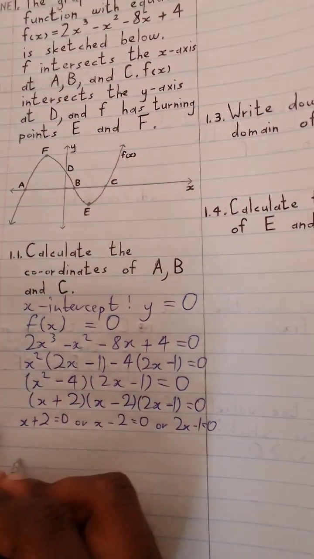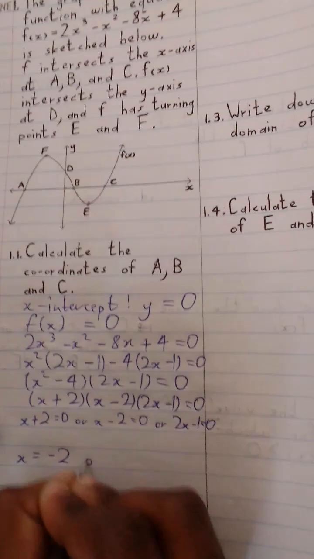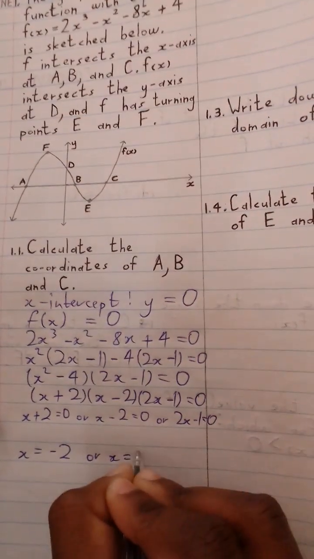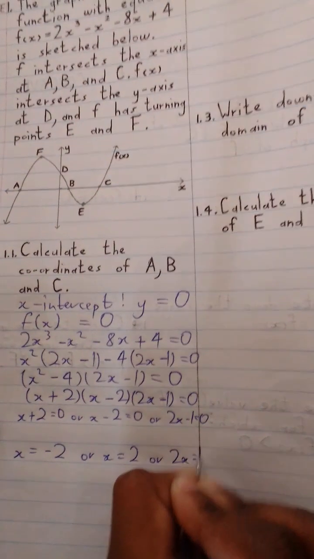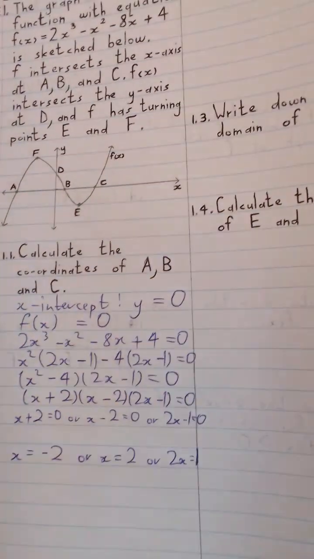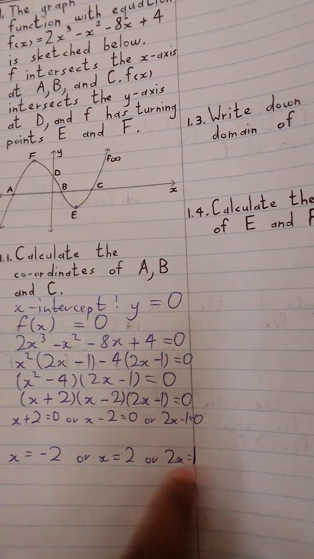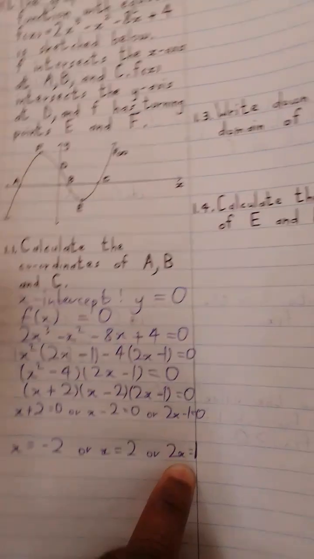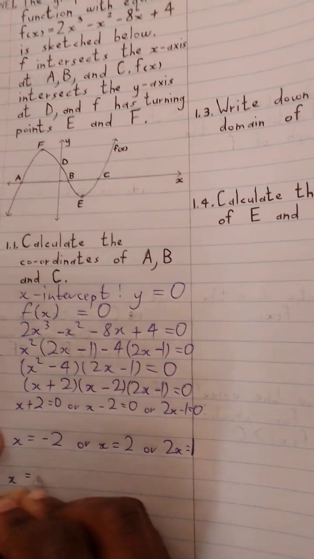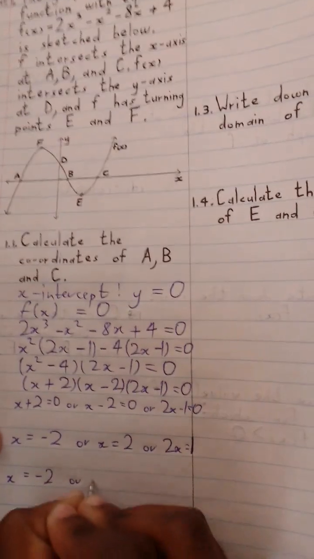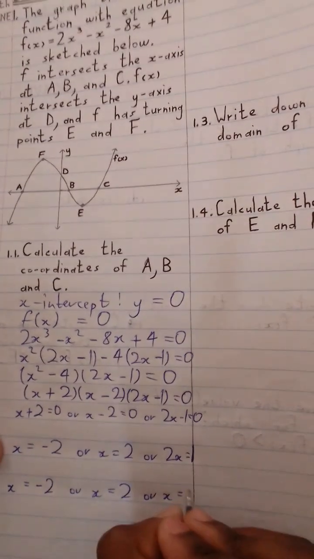So x is negative 2, or x is positive 2, or 2x is 1, because this negative 1, when it goes to the other side, becomes positive 1. We only simplify this one by dividing both sides by 2. x is negative 2, or x is 2, or x is half.